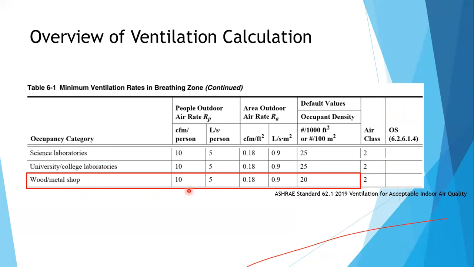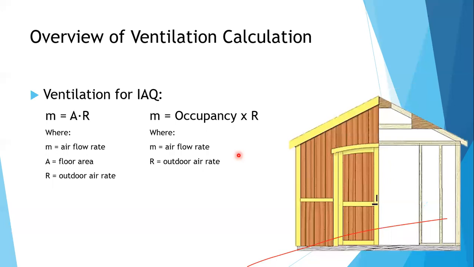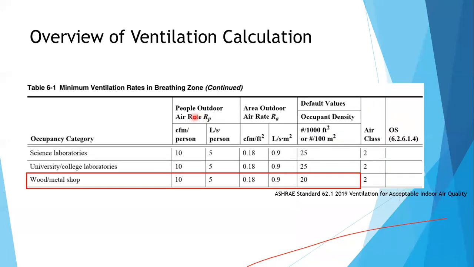It says here that for a wood shop or a metal shop, we would need around 5 liters per second per person, or 0.9 liter per second per meter squared. Occupancy is also determined by this Table 6.1. You have it here at 20 people per 100 meter squared space.